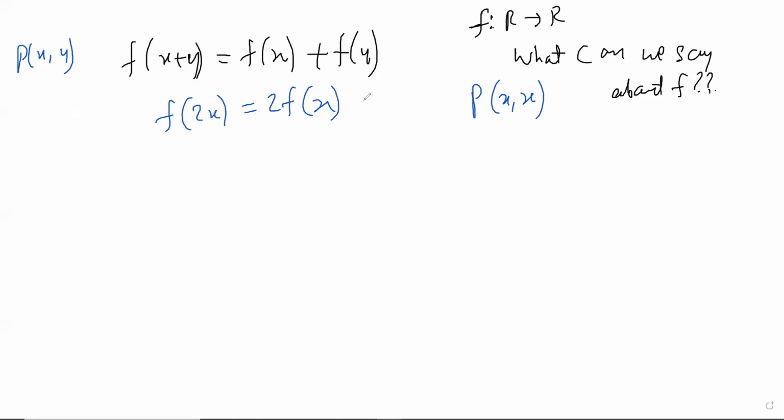Okay, very good. So this is one, and you told me one more thing, that was x equal to y equal to 0. So I'll record that as P of 0 comma 0. This is a very good habit here. And then we get this. So what can we say from here?